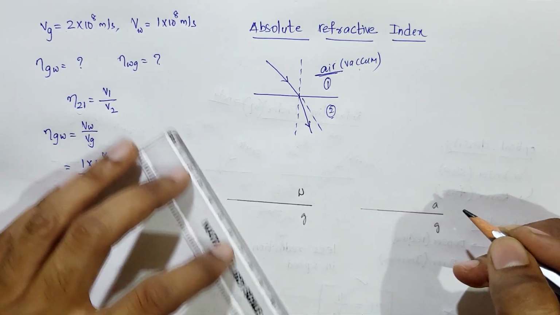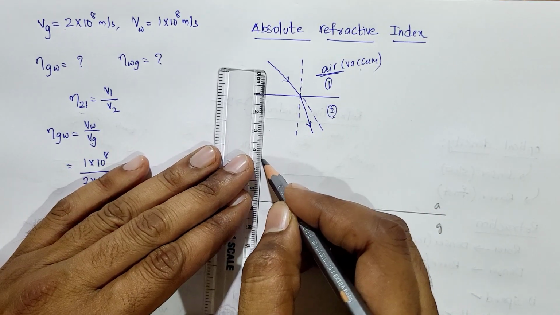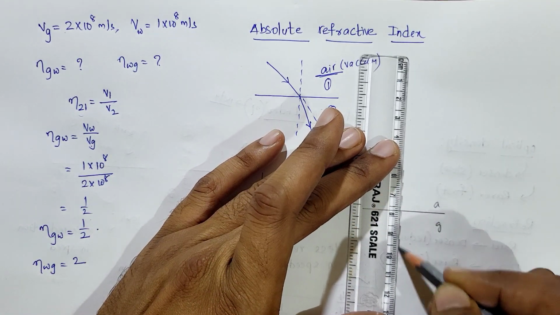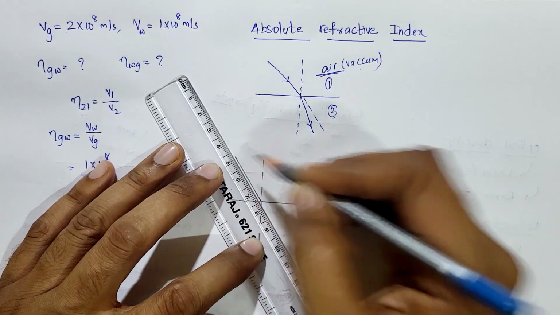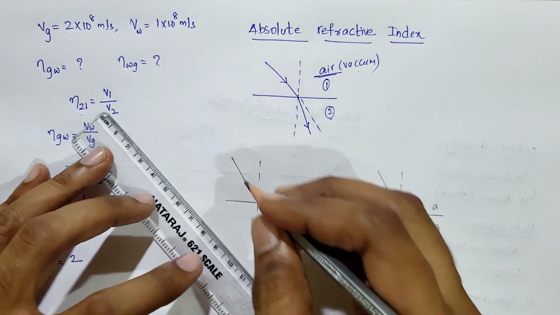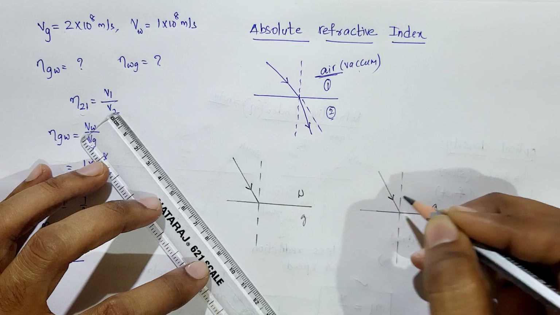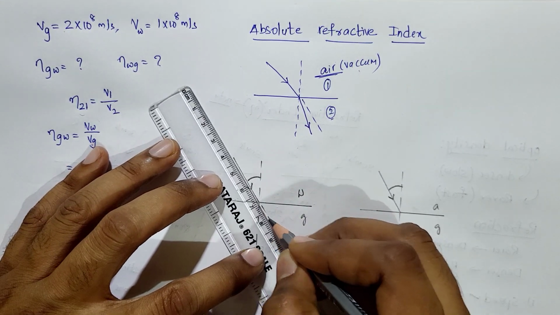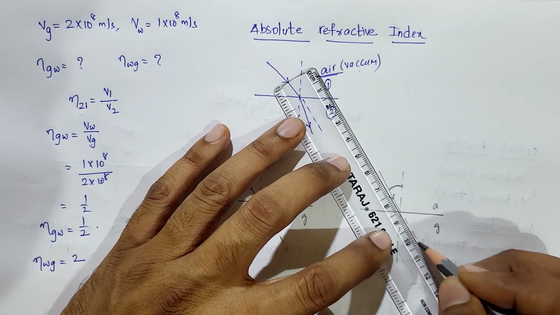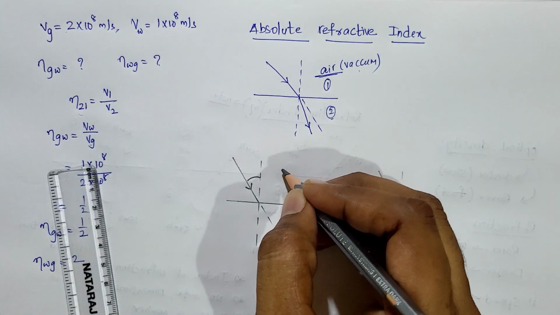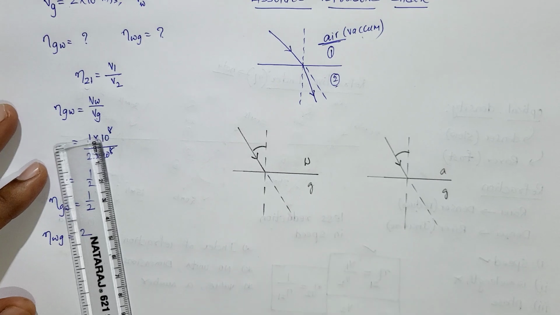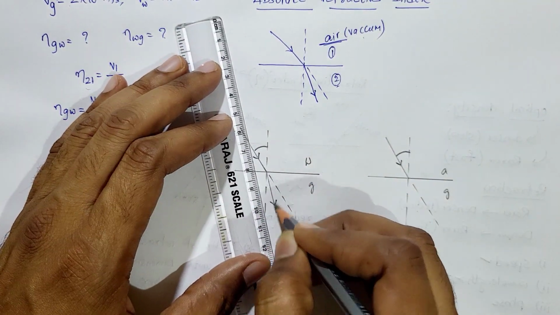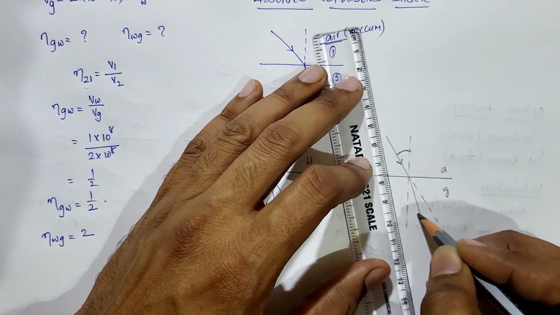First medium here is air. Now I will draw a normal, and for the two mediums I have taken the same angle of incidence. This will be the extended incident ray. Imagine that this refracted light ray went like this, and this refracted light ray also went like this.